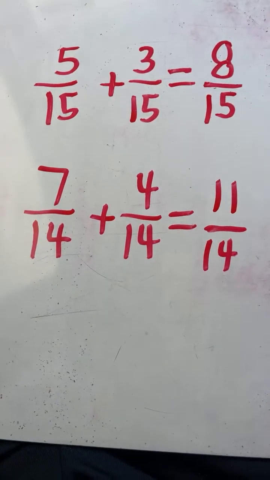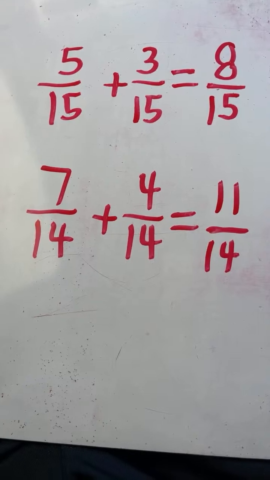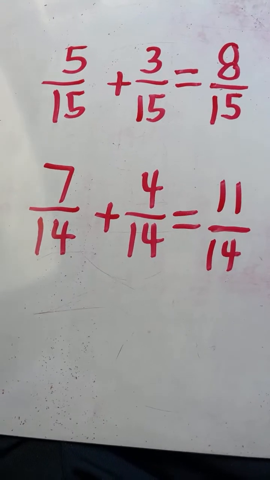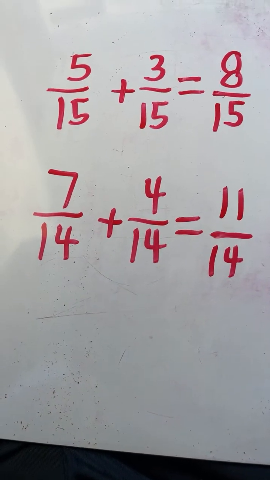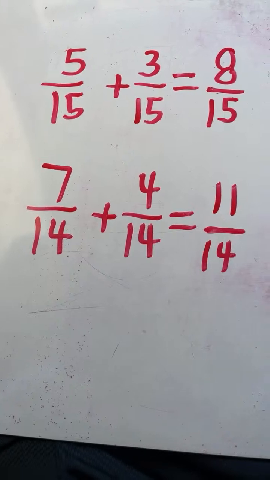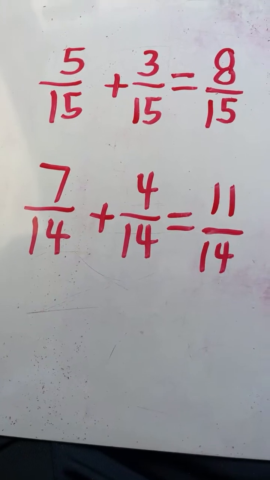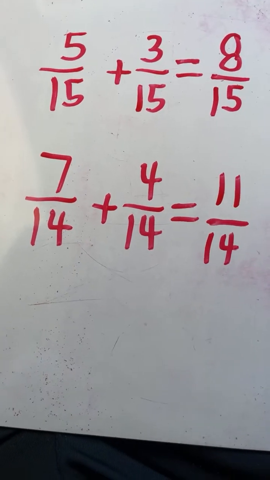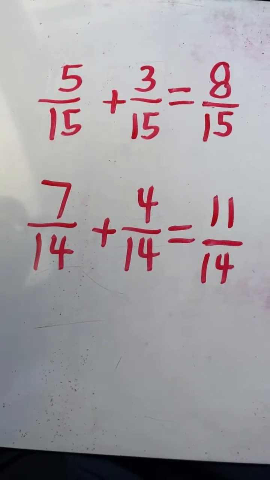And we have our final answer. 7/14 plus 4/14 equals 11/14. So just like adding whole numbers, only difference is whatever the denominator, whatever the bottom number in the fraction is, we keep that the same. All right, next example.